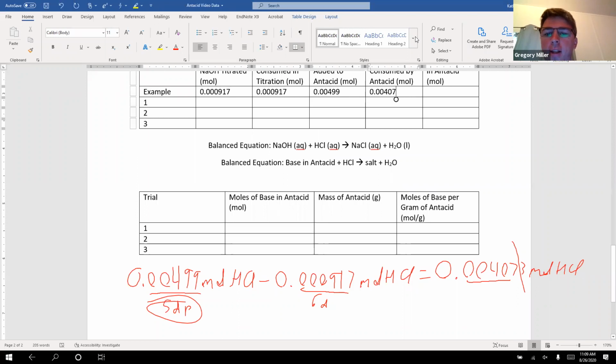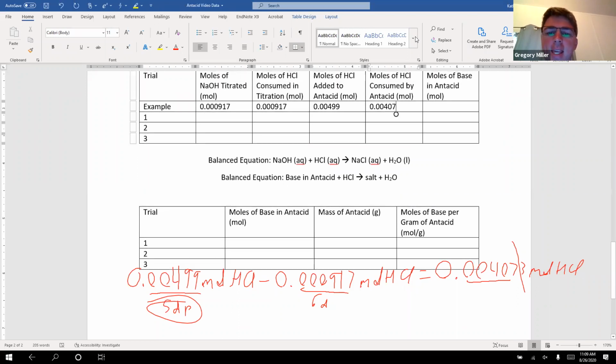Now, what we really care about is the moles of base in the antacid. Originally, we don't know what's in the antacid. So where this experiment originally came from, the lab manual said, just assume it's another 1-to-1 reaction. So they had us use this equation.